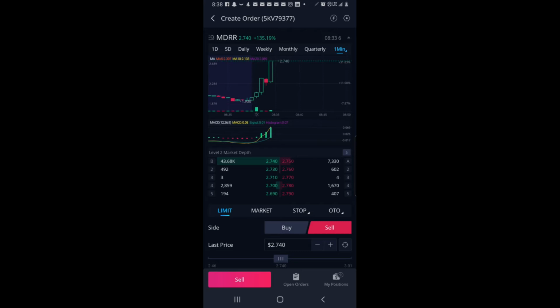I try not to go over that because when you're trading penny stocks, which is what this is, anything lower than $5, there's a potential for you to lose all your money in a snap, right?